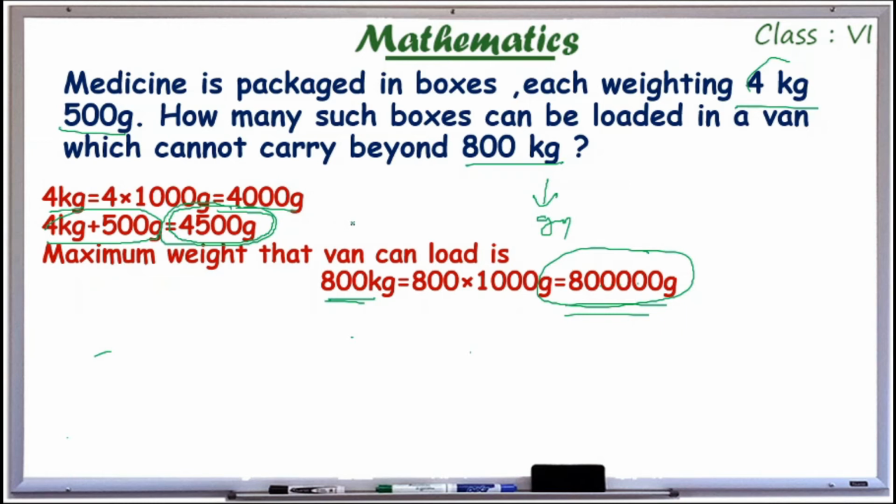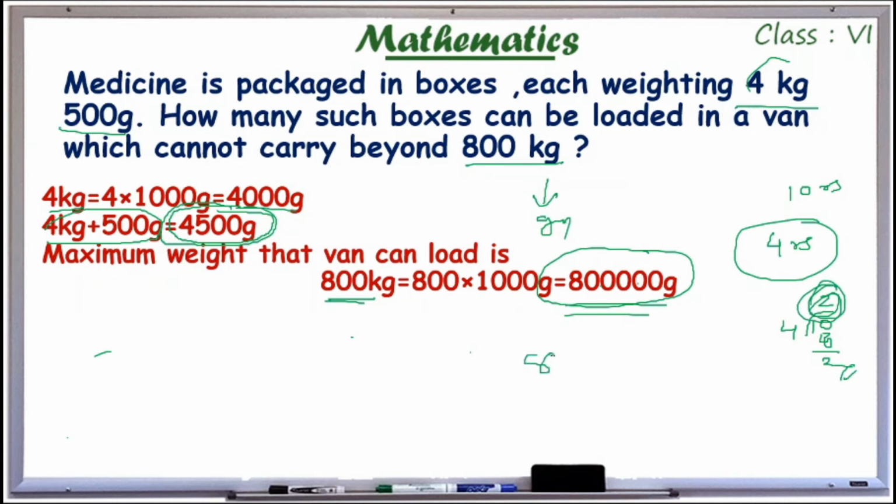The simple example which we have already discussed in the previous problem: we have 10 rupees, we are going to buy 4 rupees chocolate. How many chocolates can I buy? So you have to divide 10 by 4, which is equal to 2. So I can buy 2 chocolates.